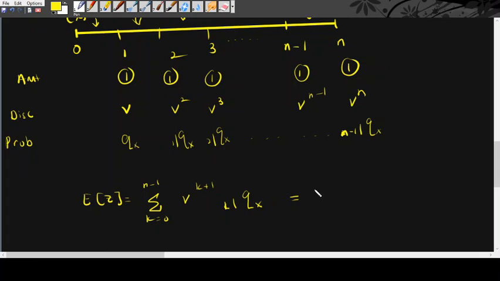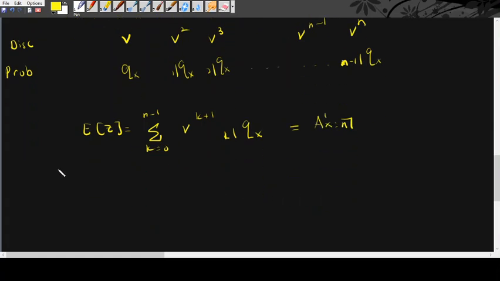Its actuarial notation is A_x:n with a 1 above. Remember, 1 is for term insurance. The variance of z would be 2A_x:n with 1 minus A_x:n with 1, squared. Finding 2A_x:n with 1 is similar to the above, so I'm not going to repeat.